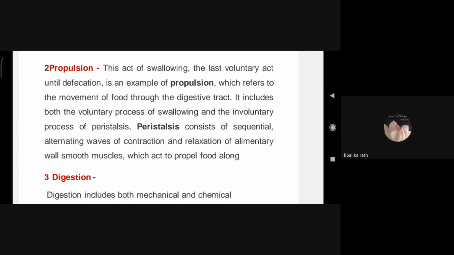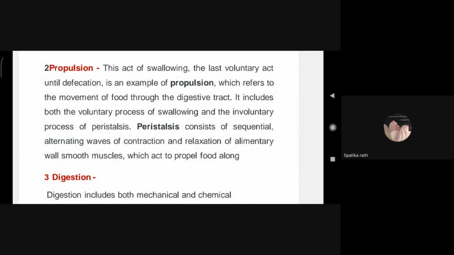We swallow any food by our own will, so it is a voluntary act. But after swallowing, we have no control over the bolus. Then peristalsis occurs, right?